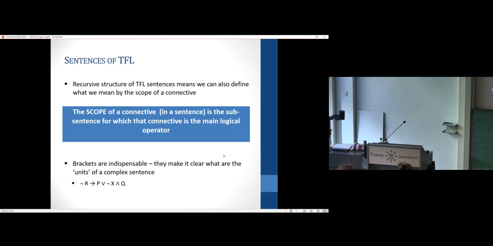It could be this conditional and this conjunction, or it could be this negation and this conditional, or it might be this negation and this negation. Without the brackets, we don't know. So all I care about is that you have brackets to avoid grammatical ambiguity.